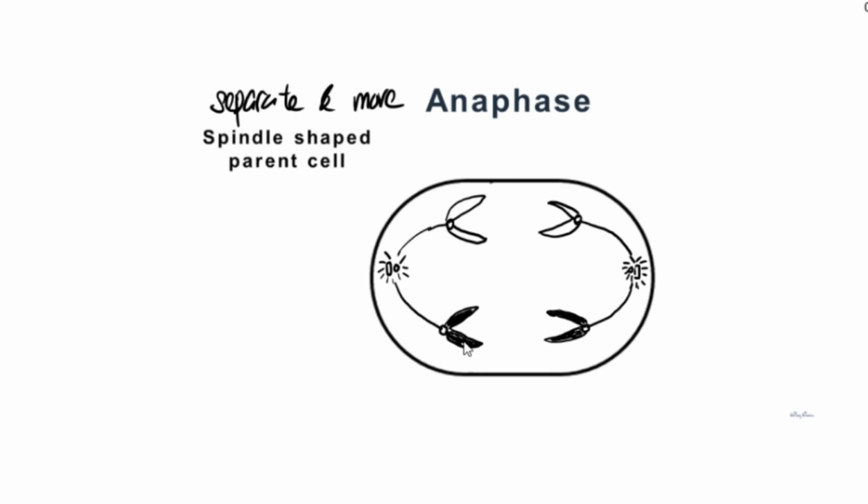Okay, and always remember when we draw the separated sister chromatids, let the centromere face towards the centrosome. What I mean here is, if a student draws in this way, where the microtubules are here and here is the centrosome, this is a wrong drawing also.